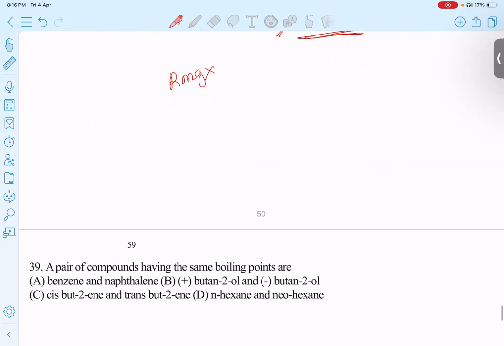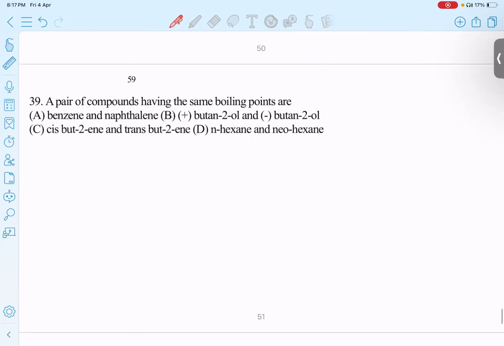So the next question is question number 39. A pair of compounds having the same boiling points. Benzene and naphthalene are different compounds and do not have the same boiling point. Here, plus butan-2-ol and minus butan-2-ol are optical isomers.